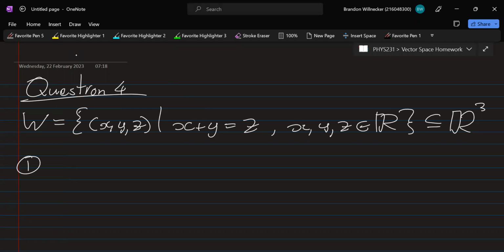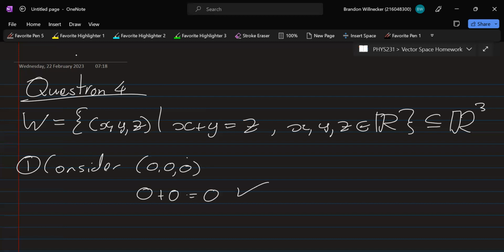So number one, consider the tuple (0, 0, 0). In this case, X is 0, Y is 0, and Z is 0. Now, if we look at the condition to be in the subset, X plus Y must be Z. In this case, we've got 0 plus 0 equals 0.